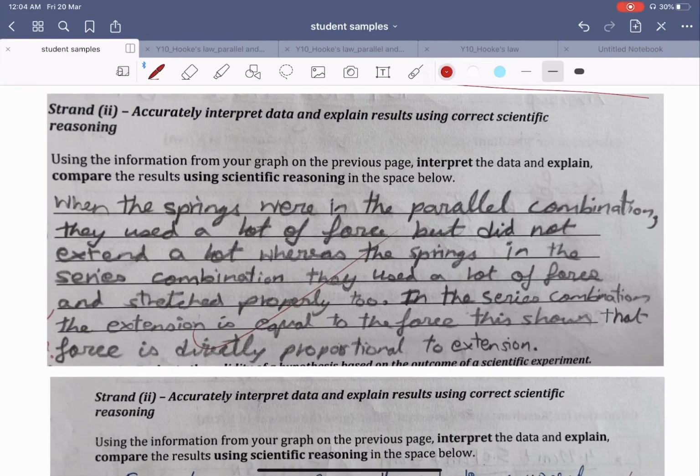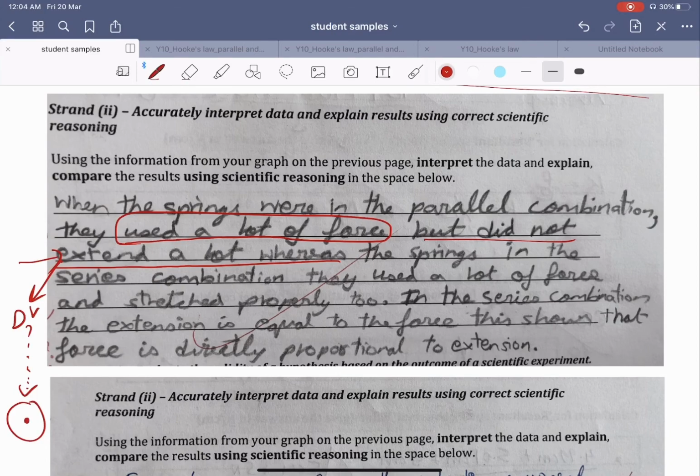Same thing here. When the springs were in the parallel combination, they used a lot of force. I don't know what that means, but it did not extend a lot. Okay, that's true. But how is this related to my DV? You did not continue. You did not reach my target.